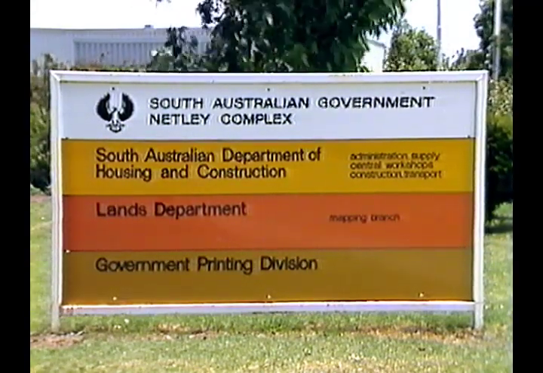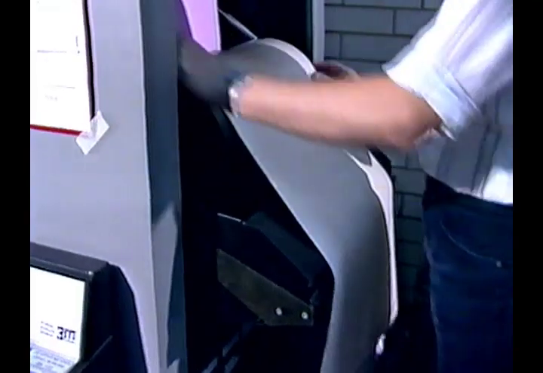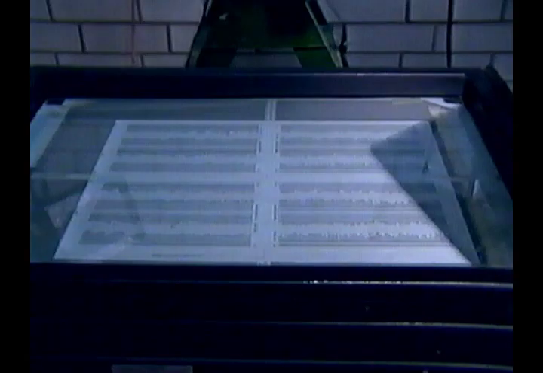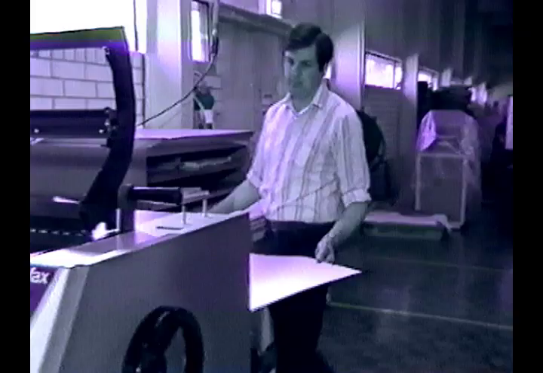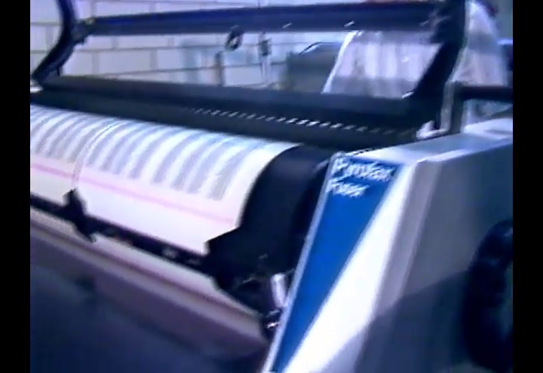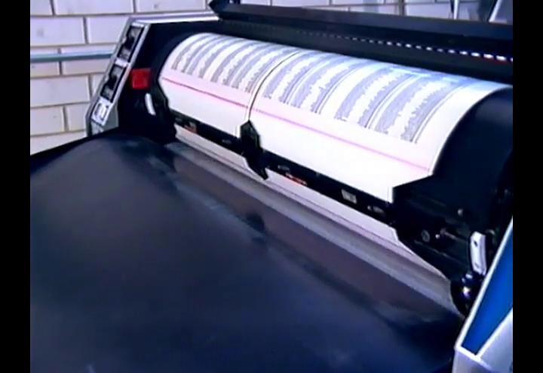During the election, printed rolls must be produced for use in polling booths. These booth rolls are called certified lists of electors. This is a massive task, as there are almost 800 booths throughout the state, and many of these require 10 or more sets of rolls.